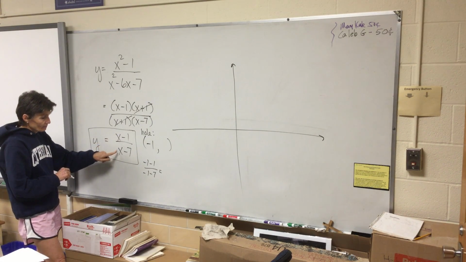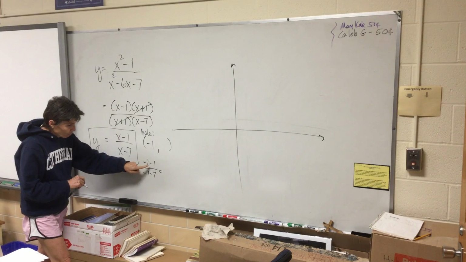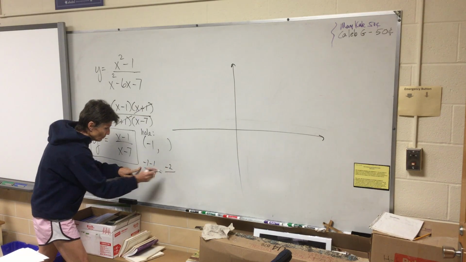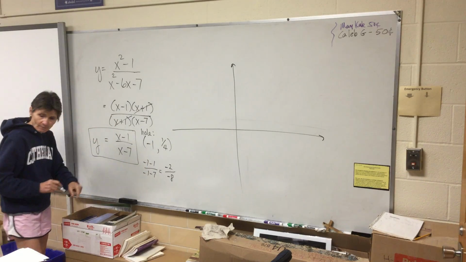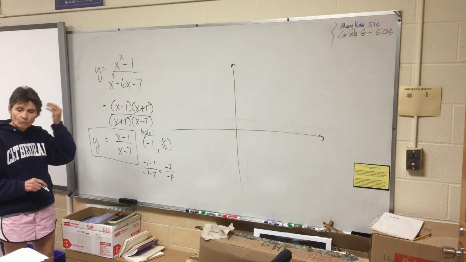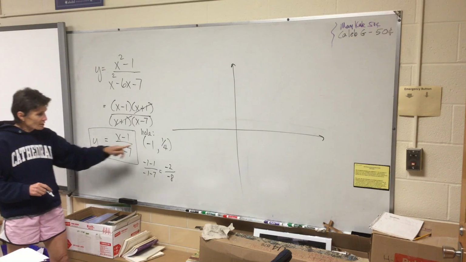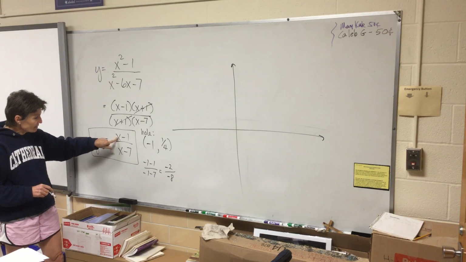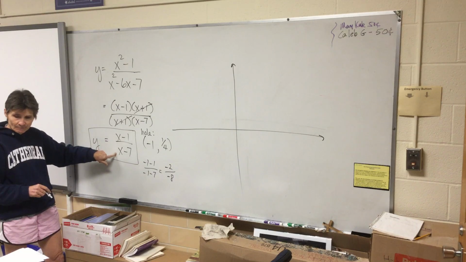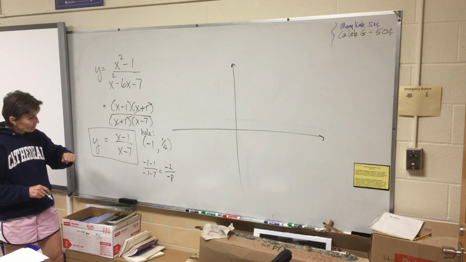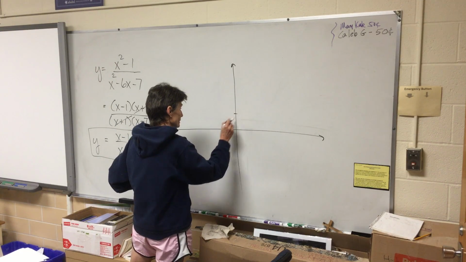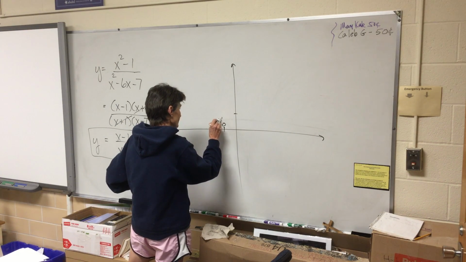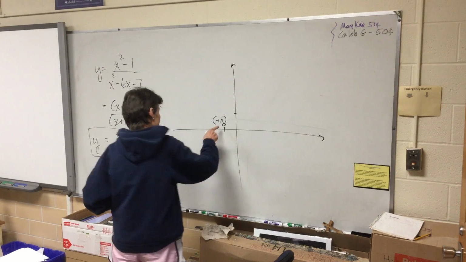Is it 1/4? Well, let's see. Minus 1 minus 1 is minus 2, over minus 8. Yes, 1/4 is exactly right. Whoever said that, you're right on target. Remember, you're just plugging in minus 1 in the x spot. So minus 1, 1/4 is my hole, so it's right there.